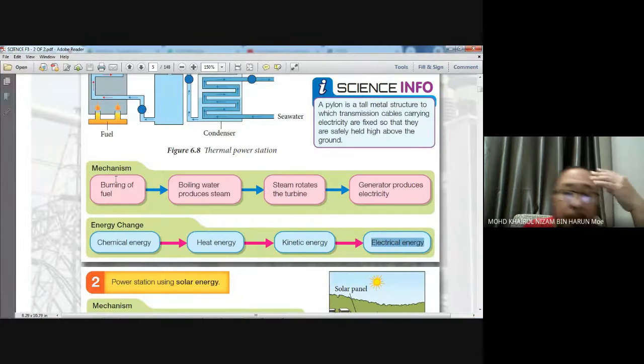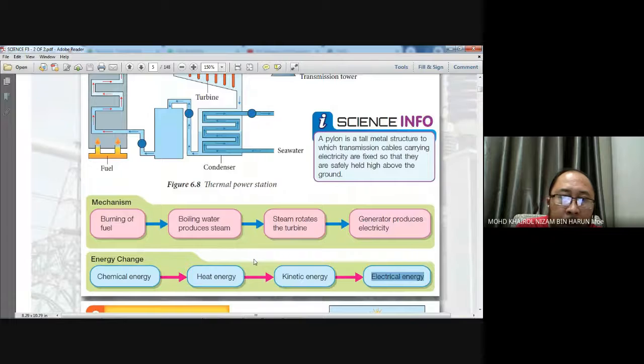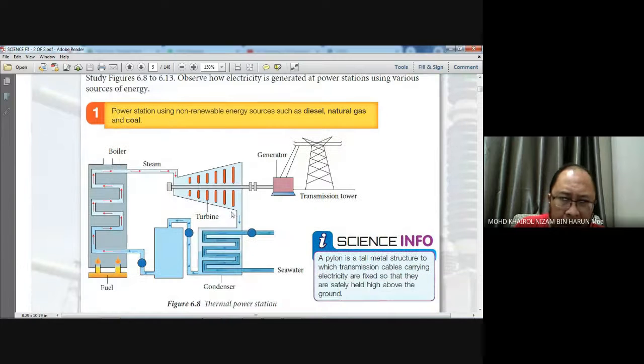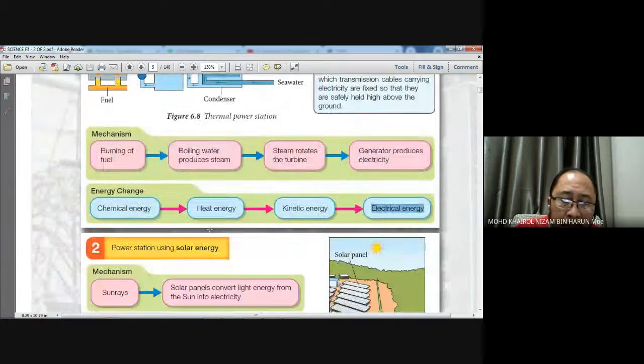This is the mechanism and energy changes that occur in this power station. This is the power station that uses non-renewable energy sources. So we will look into power stations that use other types of energy sources.